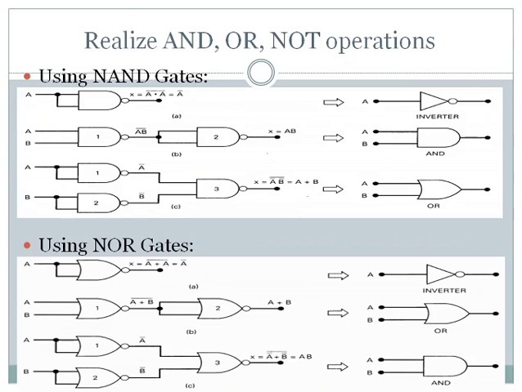And in a similar way, we can implement or realize the three basic operations using NOR gates also. So if you take the NOR gate, and if the two inputs are the same, the input is indicated by A, then the output of NOR gate becomes X equals A plus A, whole bar, and A plus A is A, so it becomes A bar.